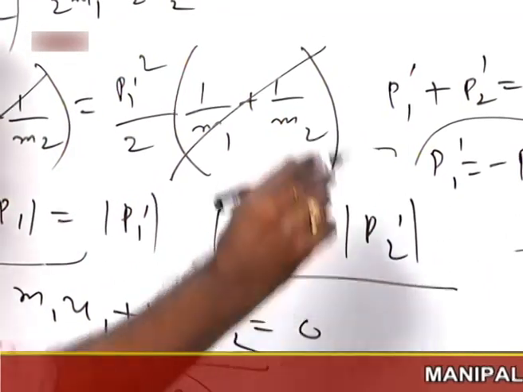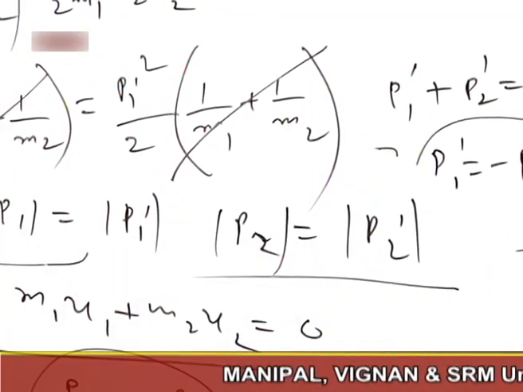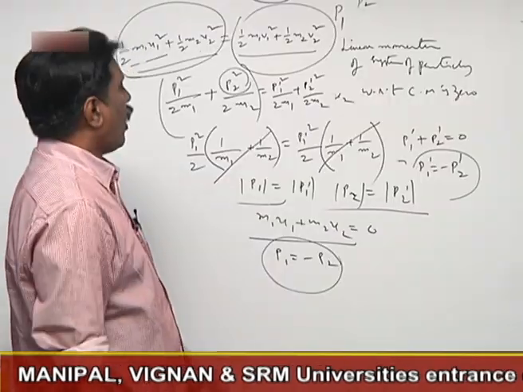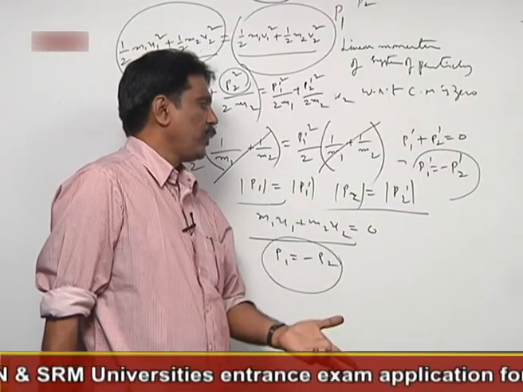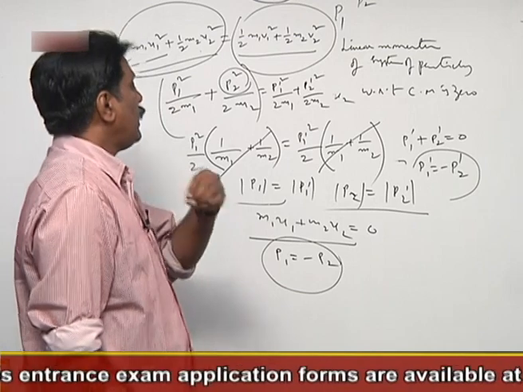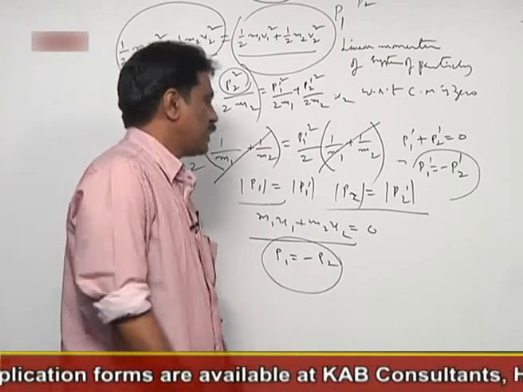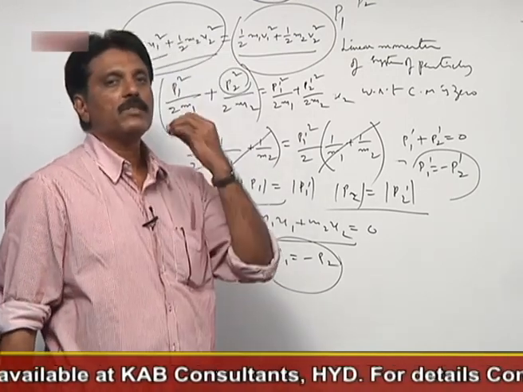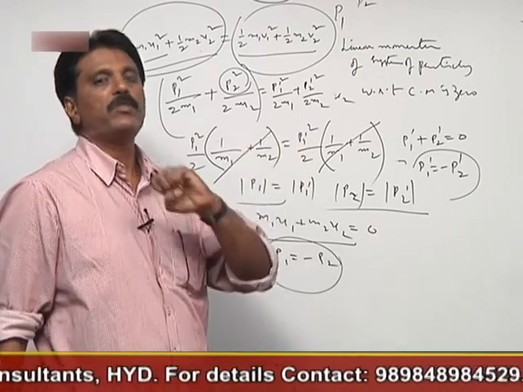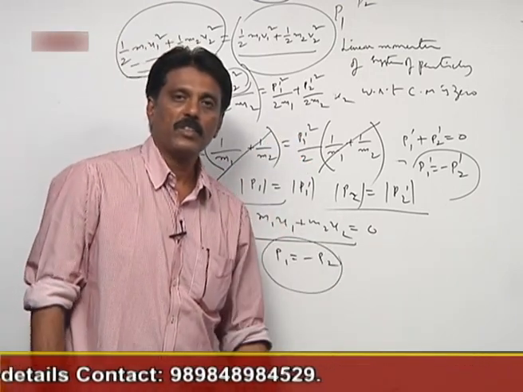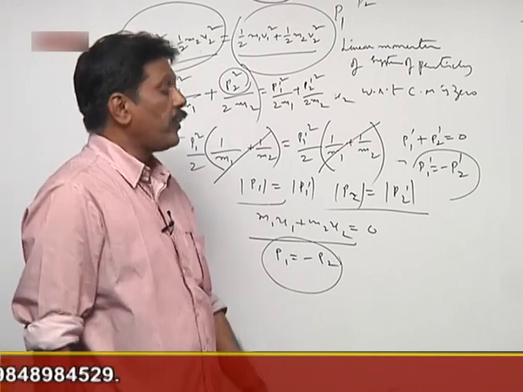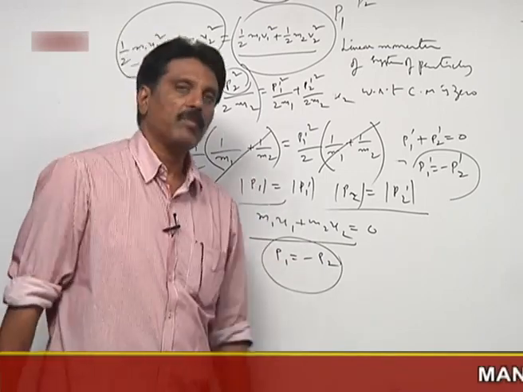From these two results, what we can say is that after the elastic collision between two particles, only the direction of velocities will change, the magnitude of velocities will be the same. That means the speeds will not change during an elastic collision if the reference frame is the center of mass.